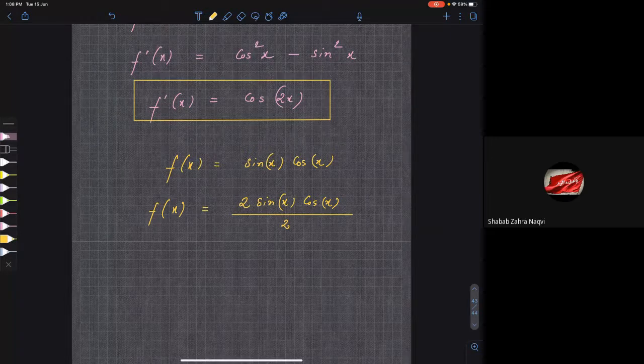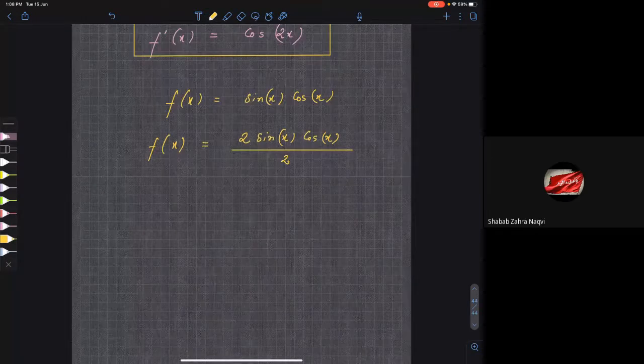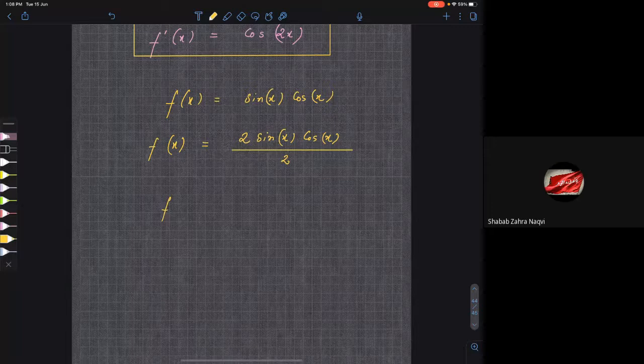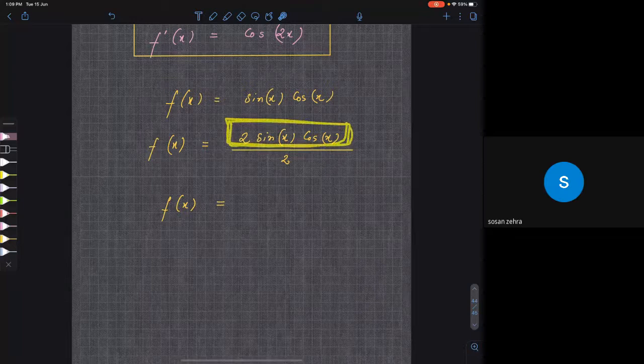It is the same thing. You are just multiplying and dividing by 2. Now tell me, what is 2 sin x cos x? What is this formula? Sin 2x. So you have to remember all these.